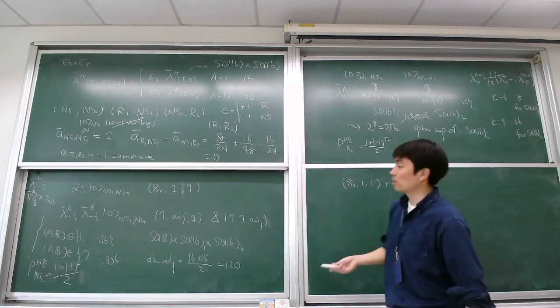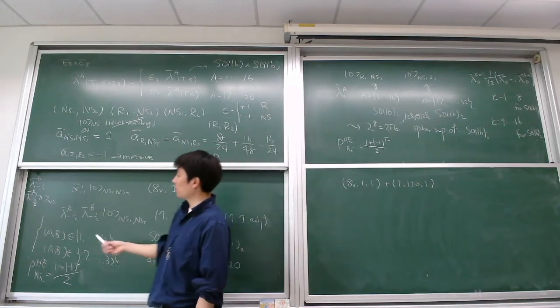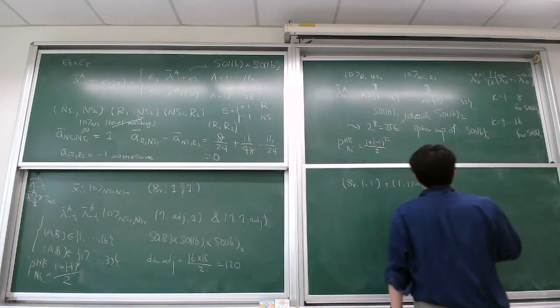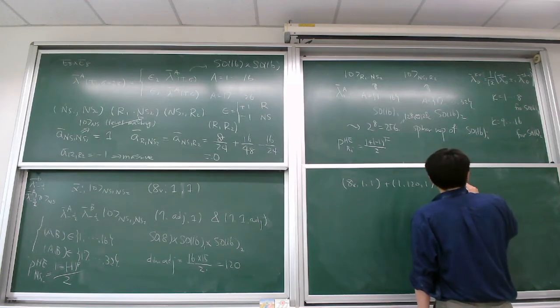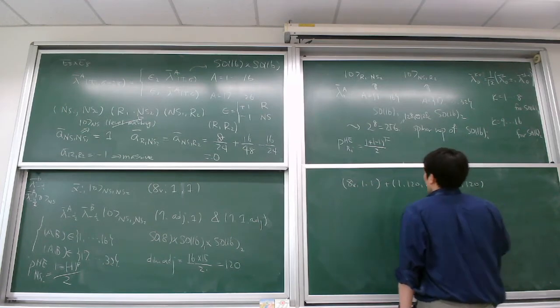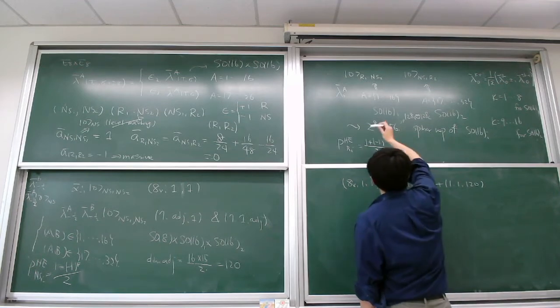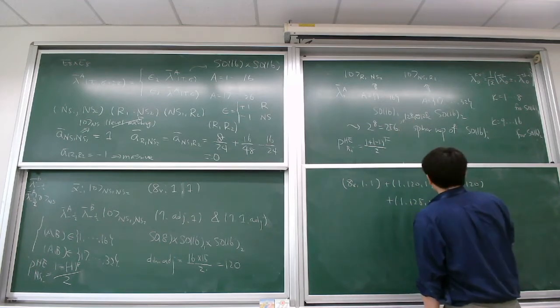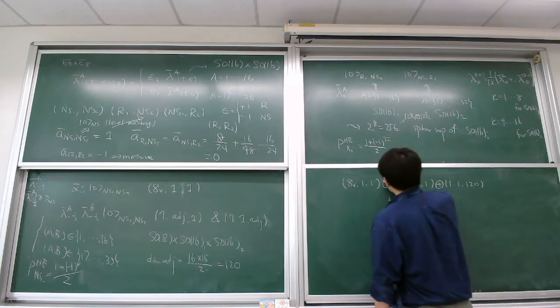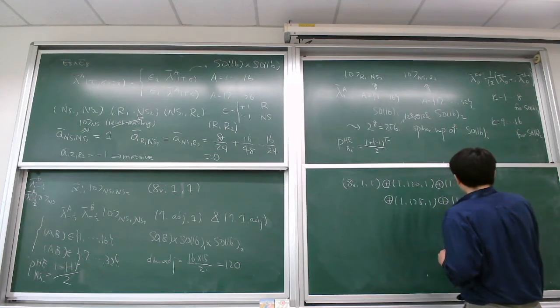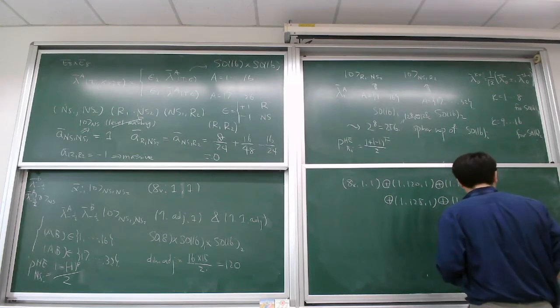So 120 comes from the fermion operator acting on the other NS, and then you also have 120 plus 128 coming from Ramond NS plus, maybe I should write it this way, 128.